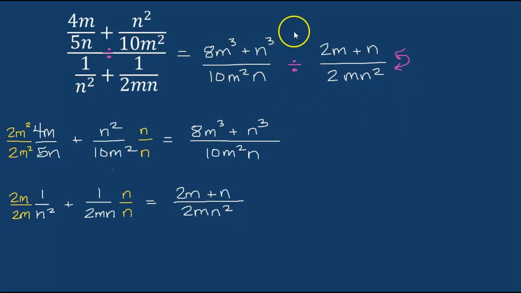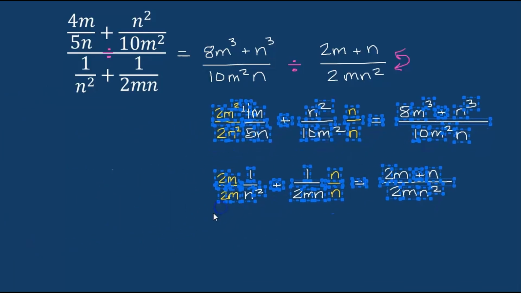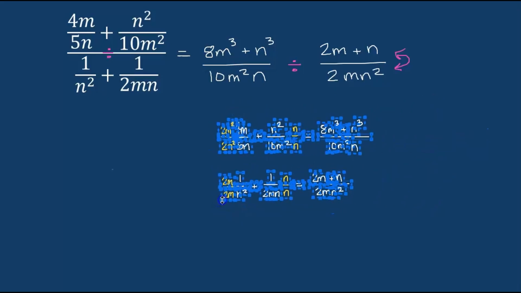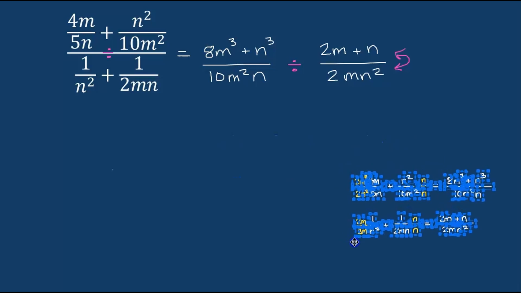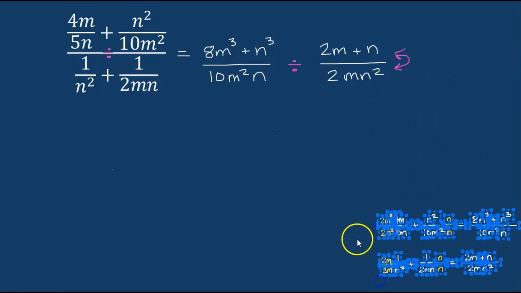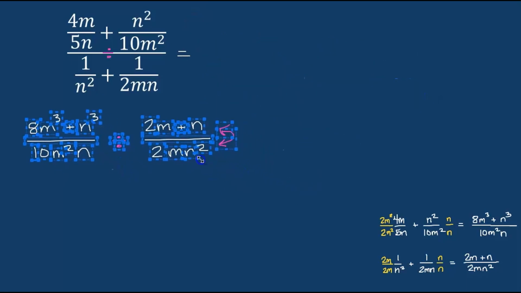Now, because we're going to need a little bit of room to work with this fraction, I'm going to shift some things around. I'm going to take this side work where we simplified the numerator and the denominator, and I'm going to tuck it away up here after moving this down into our workspace.